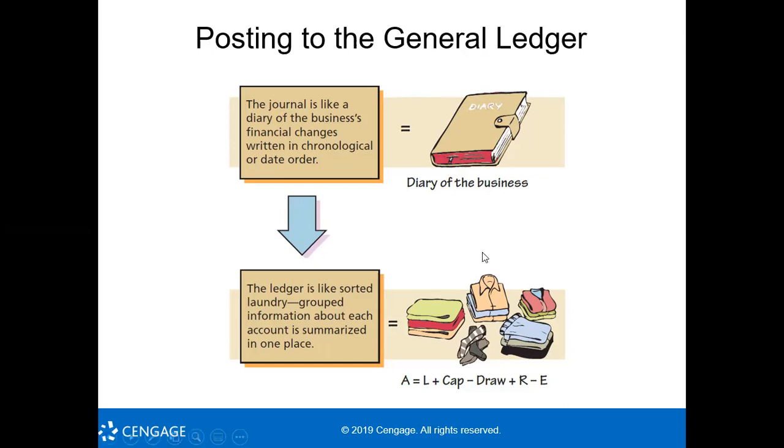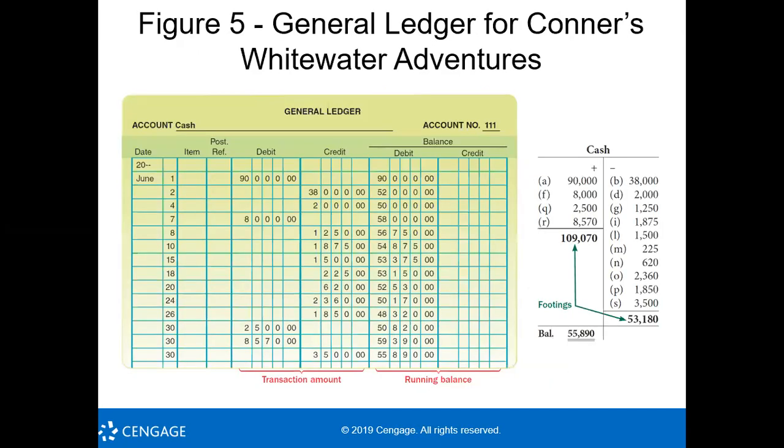It's showing this analogy here: the T accounts are like separated laundry. It says the ledger is like sorted laundry. Grouped information about each account is summarized in one place. Again, we've gotten some practice with the ledger accounts. We did plenty of those together in chapter 2. Now we're focusing on the journal entries here in chapter 3.